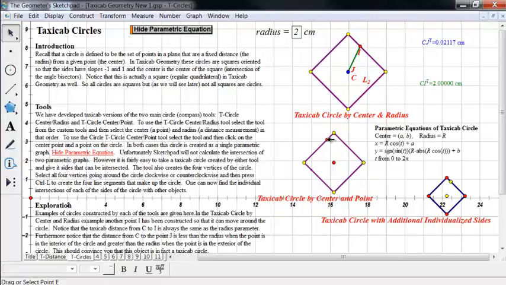Okay, and this gives us our circle. And so that gives us a circle that we can do by parameters. So we can set up a distance measurement, either something we've measured somewhere else, like this distance measurement, or a parameter.